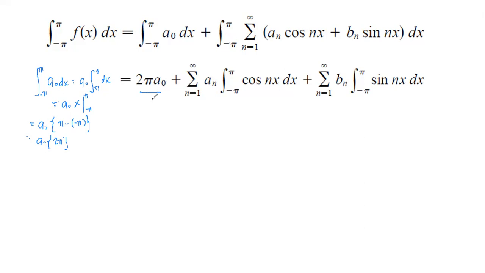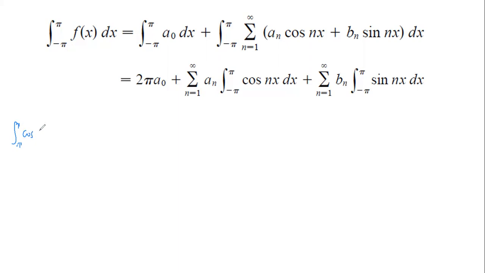So plus, of course, we can distribute the integral from negative pi to pi for the two terms. Starting with this a sub n term, the integral from negative pi to pi of cosine nx dx.